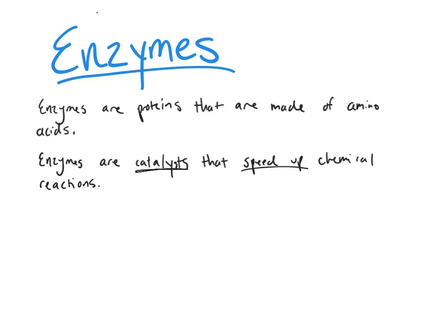So all it's doing is taking a reaction that might take 1,000 years and completing it in less than a minute. So it just allows biological processes to run really smoothly inside of your body and any other organisms, and it gets ATP to your cells and muscles fast enough to where it's usable. Because if it took you 1,000 years to break down your food, you obviously would not be able to survive.